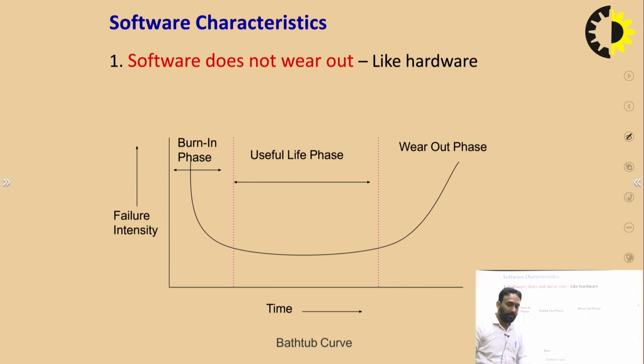Now, there are a few characteristics of software that differentiate it from other products. One of the most important characteristics of software is that software doesn't wear out like hardware. Why is it called so? The bathtub curve helps give the reason why software doesn't wear out. As we all know, a computer consists of two parts, hardware and software.